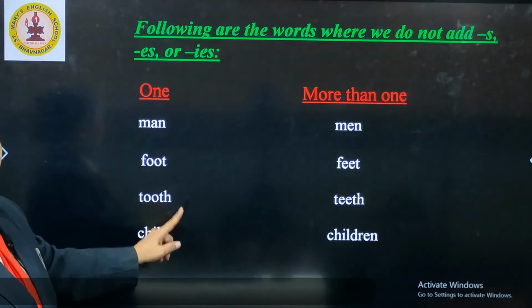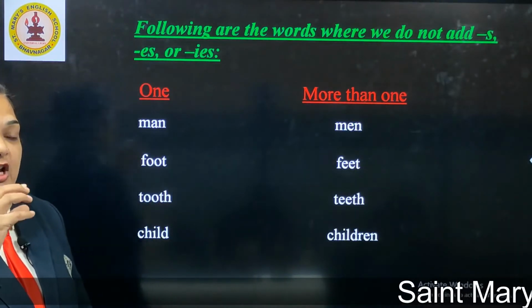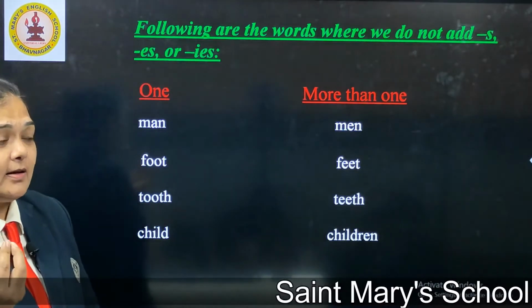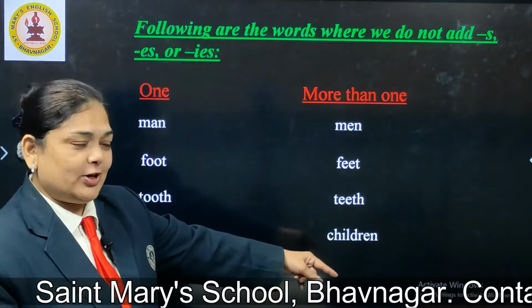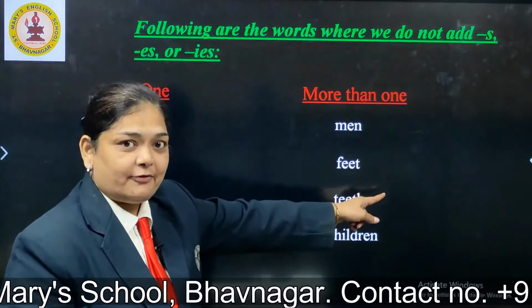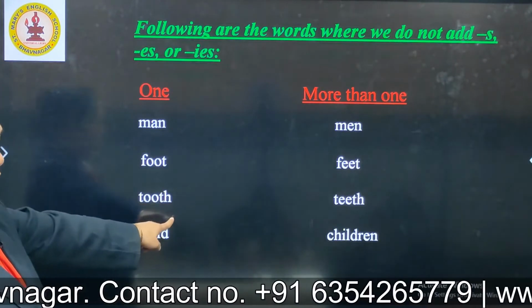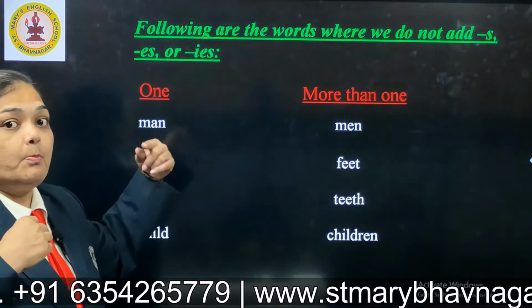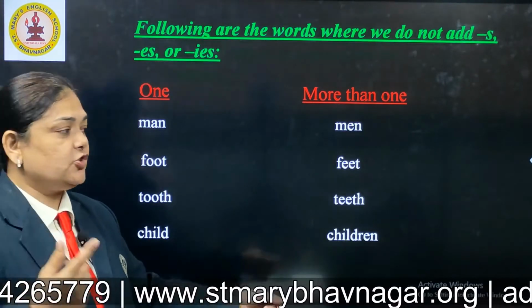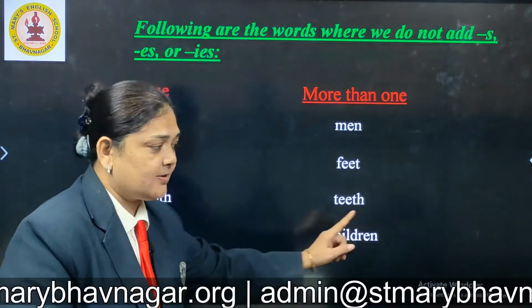FOOT, foot, means you are talking about a single foot. But when it changes to more than one, it will become FEET, feet, right? TOOTH, tooth, single. But when we are talking about more than one, the spelling will change to TEETH, teeth, right?